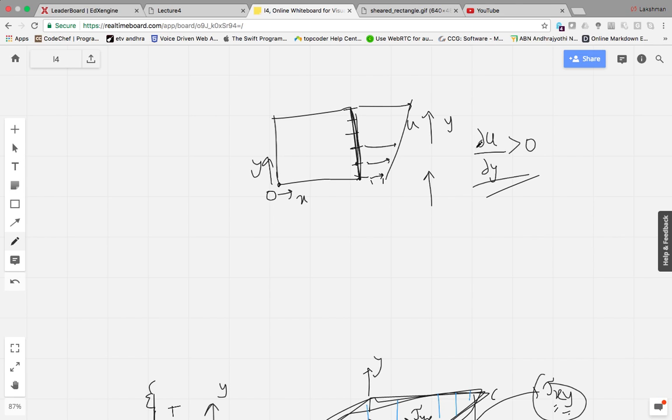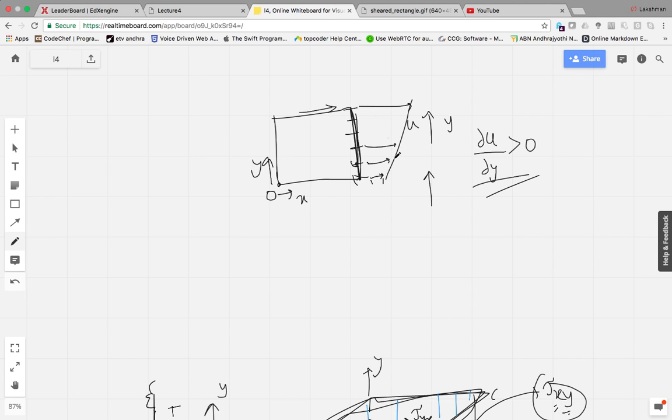It's basic calculus. So u on the top minus u on the bottom is greater than 0 because u here is more than u here, and y on the top minus y on the bottom is also greater than 0. So this quantity is greater than 0. By this definition, du by dy is greater than 0.